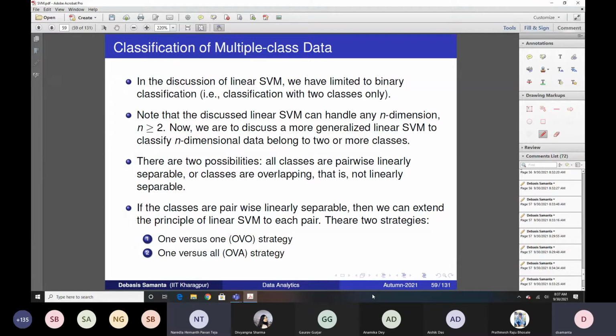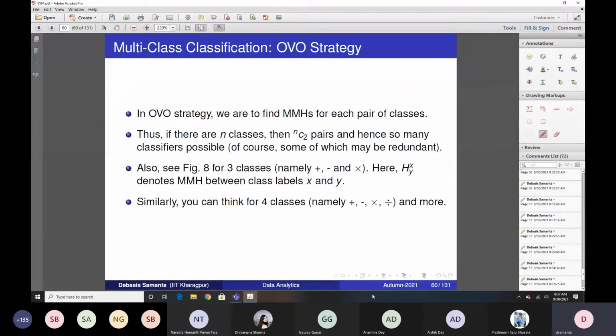The idea is, you are given training data, and from it we can easily consider any two classes, take out all the data belonging to only those two particular classes, and ignore all other data. I repeat it again.